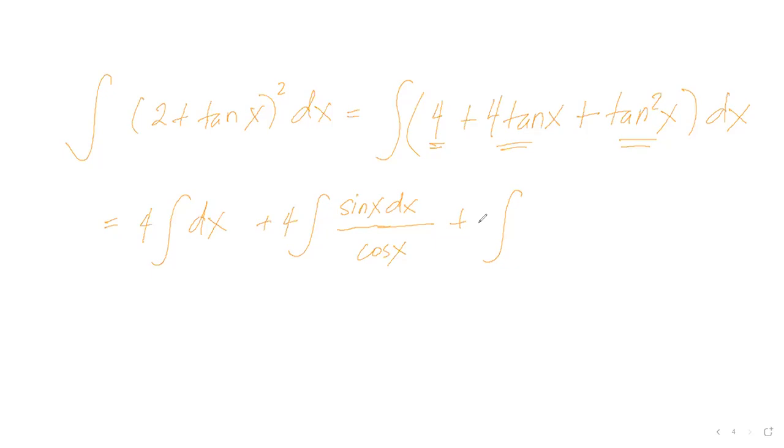What's the equivalent identity of the tangent squared? 1 minus secant squared. 1 minus secant squared. Okay, let's review that.